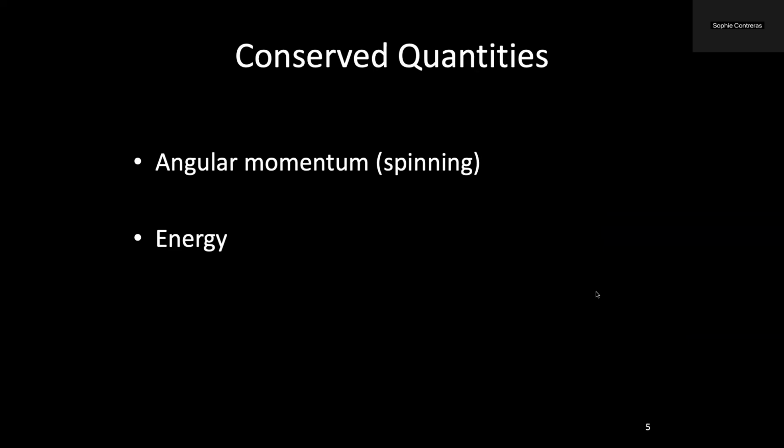I'll say that again. If you have a large object and you contract in size, if you were spinning, when you contract, you spin faster. And then the second thing is that energy is conserved. So if I didn't start with a lot of energy, I can't just spontaneously create it.